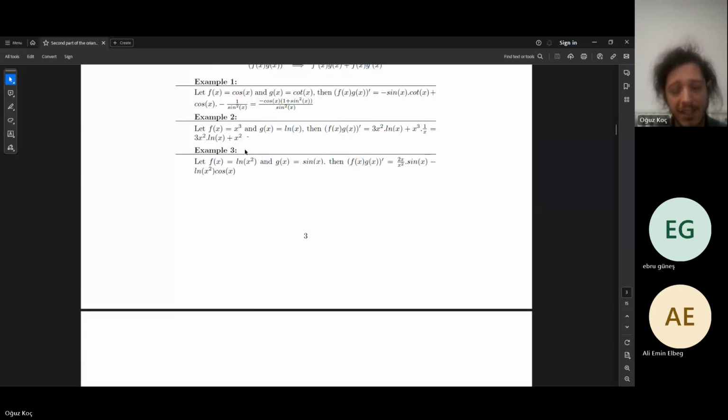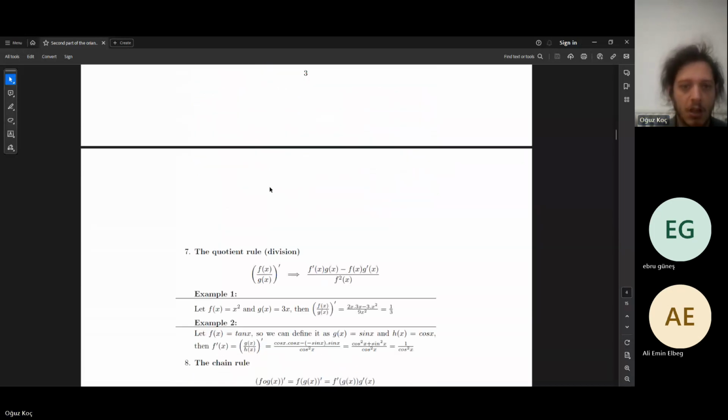The natural logarithm of the second power of x, and sin x here, and the derivative of the product of these functions is equal to the first function's derivative, which is the derivative of the inside of the natural logarithm, equal to 2 times x over the second power of x, times the second function itself, and here plus the first function itself, and it has to be plus here, it's not minus, times the derivative of the second function here, which is equal to cos x here.